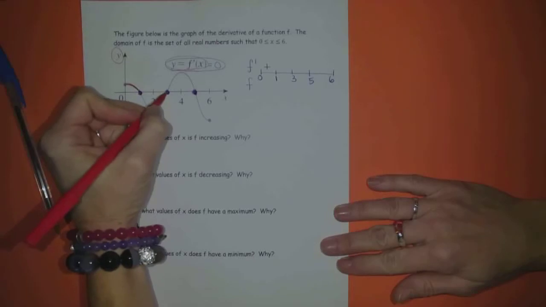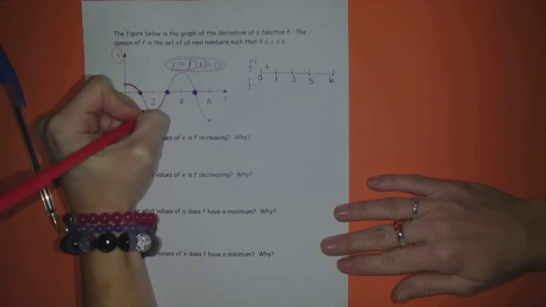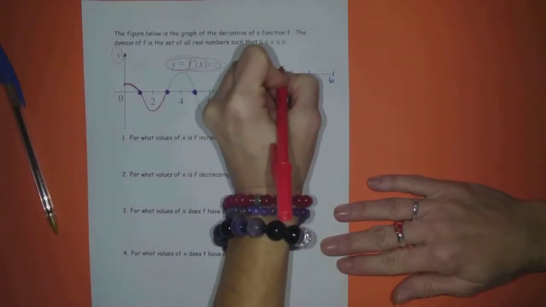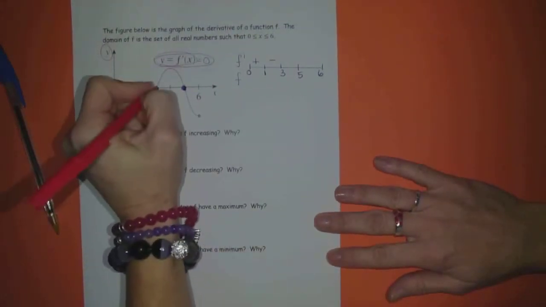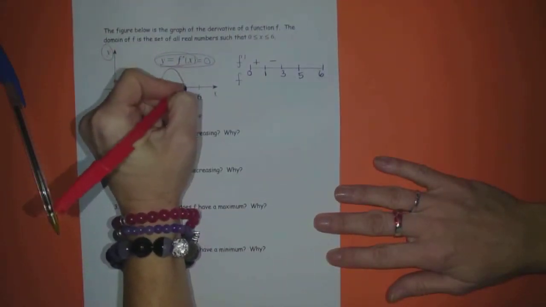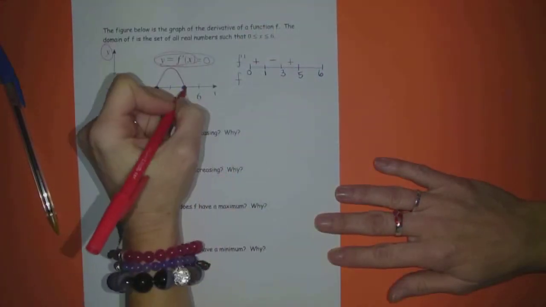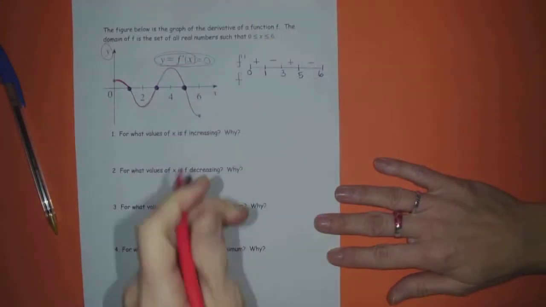Between 1 and 3, all of my y values are negative. They're all under the x-axis, so I'll put negative f prime values between 1 and 3. Between 3 and 5, all my y values are above, so they're all positive. And then from 5 to 6, all underneath, so all negative.